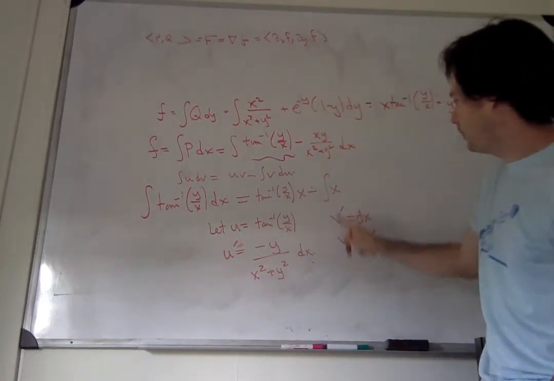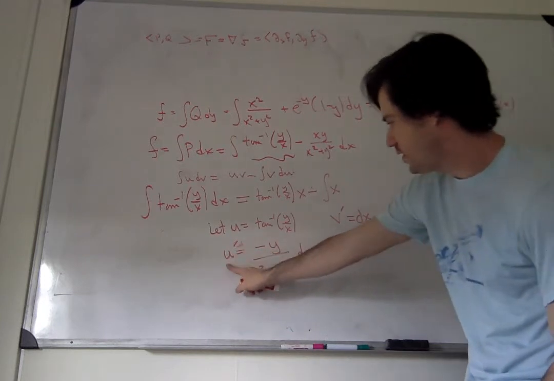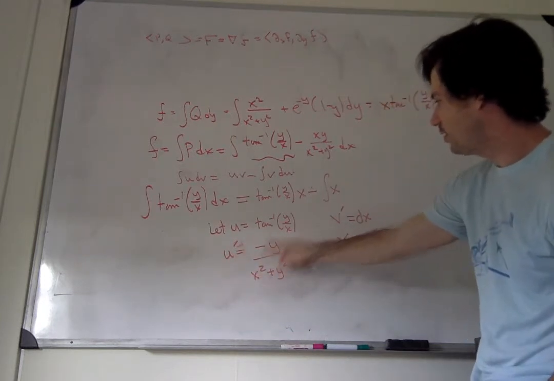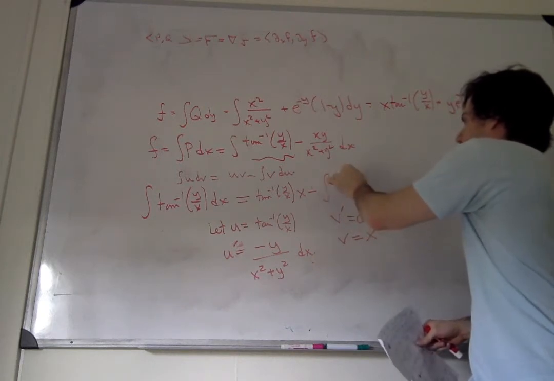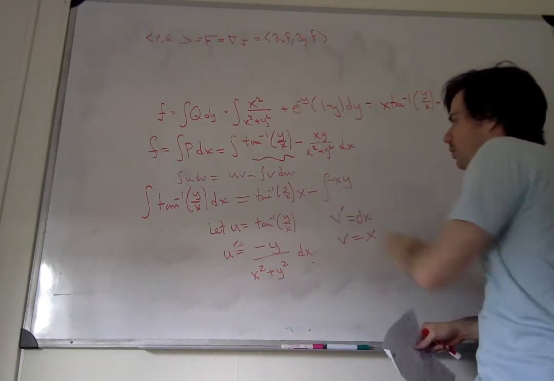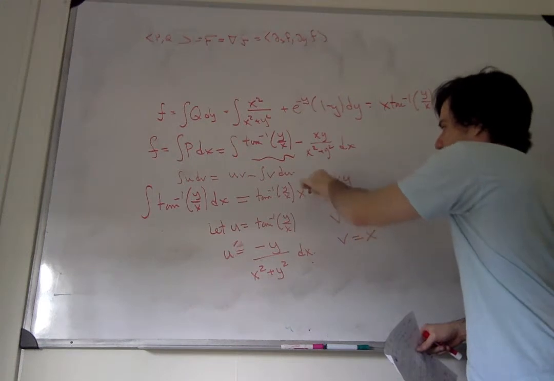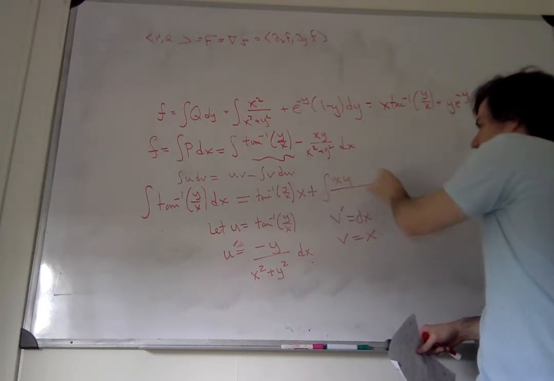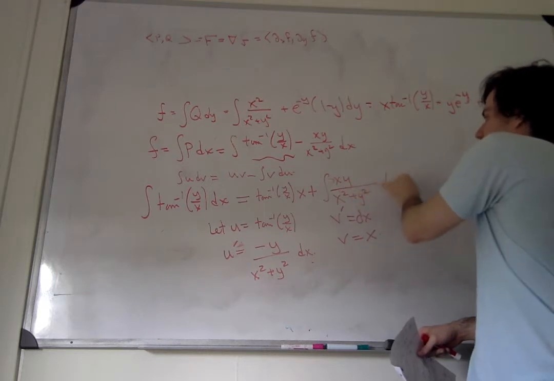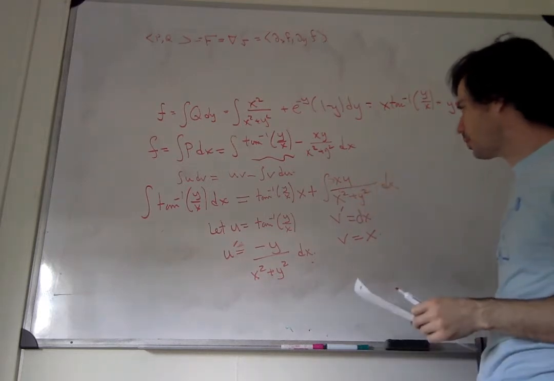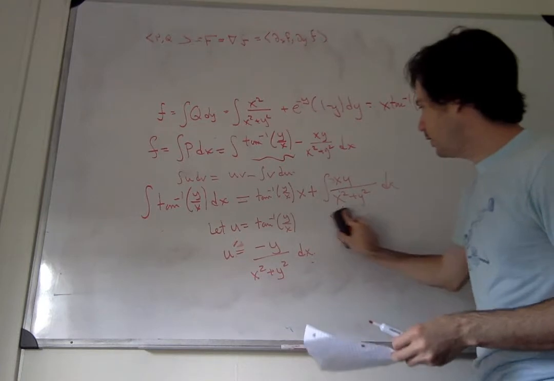So v du, so there's that minus here, so I'm going to write it up here, right? x, y, minus. So I'm going to go ahead and erase that, just put the plus here, divided by x squared plus y squared dx. Okay.